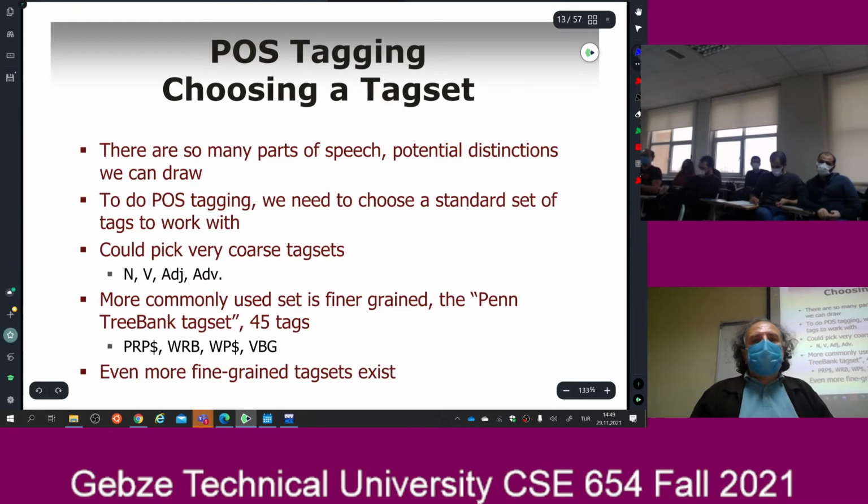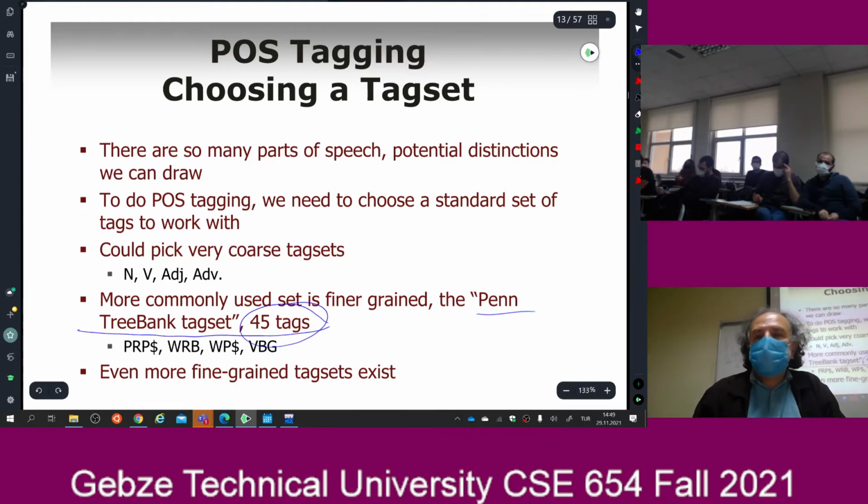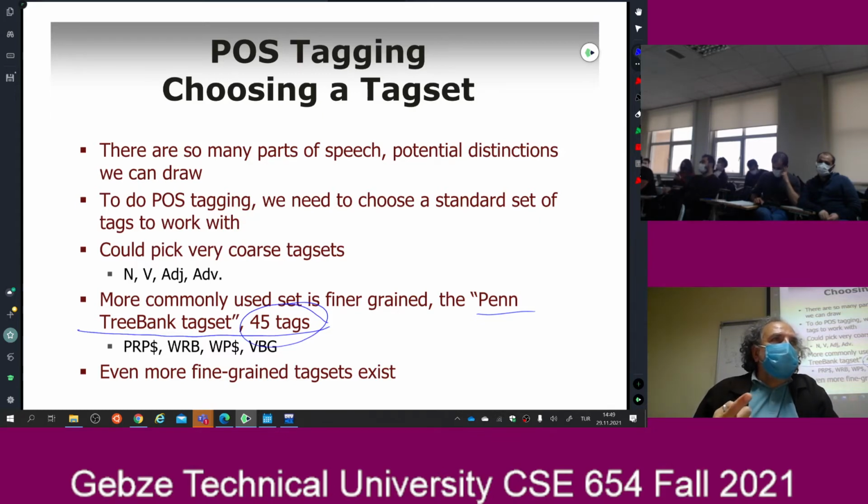Okay. Choosing the tag set again. This Penn Treebank tag set has 45 tags. And you might be surprised, well, why is it so large? Remember when we looked at "put", it is either a transitive verb or an intransitive verb, right? "Put the keys on the table", transitive, okay?